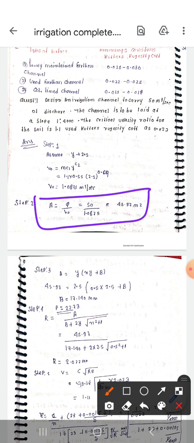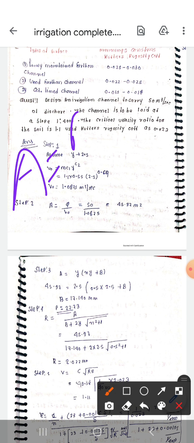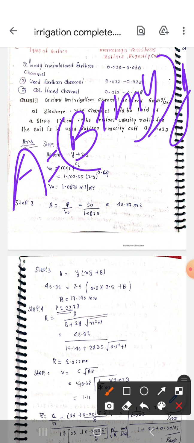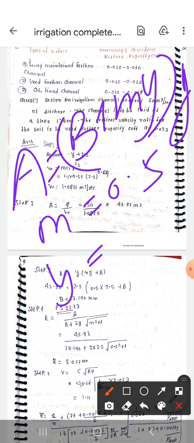In the third step, we have to calculate the width. The area can be calculated as (B plus my) into y. I have already told you to assume a trapezoidal section having side slope 1 vertical to 0.5 horizontal. So m value is 0.5 and y value is 2.5, which we have taken.